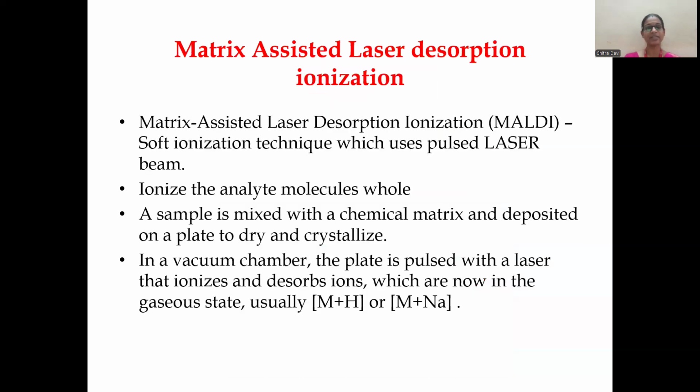And the third ionization technique will be matrix assisted laser desorption ionization, that is MALDI. Here, some samples we cannot vaporize. Those types of samples can be ionized with the help of this technique. Here we will have some chemical matrix.